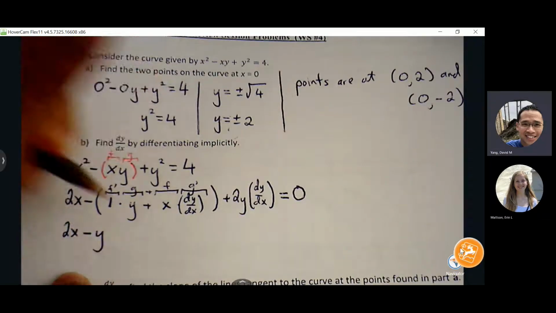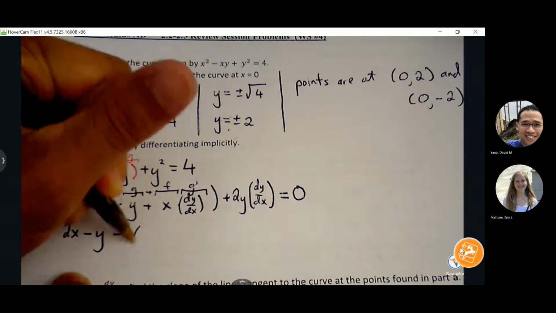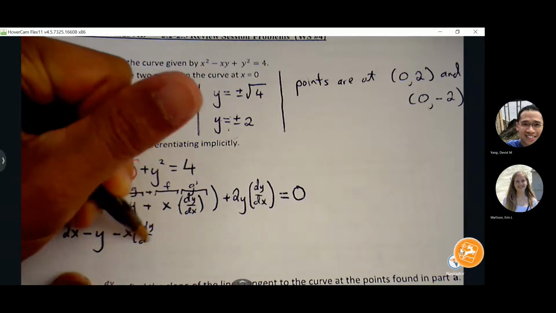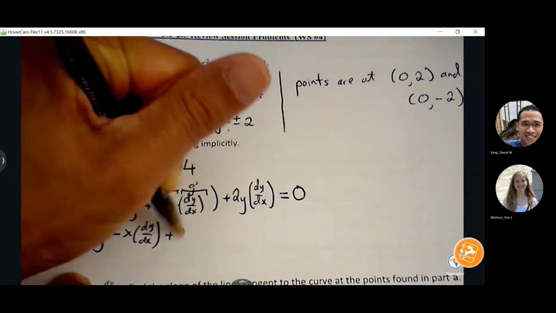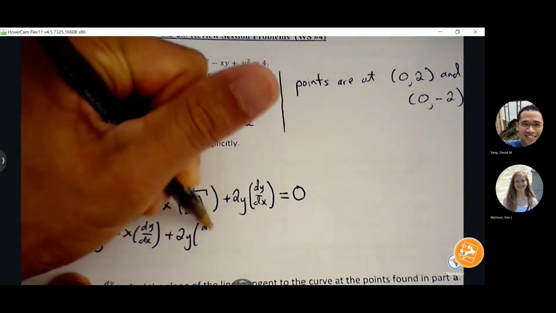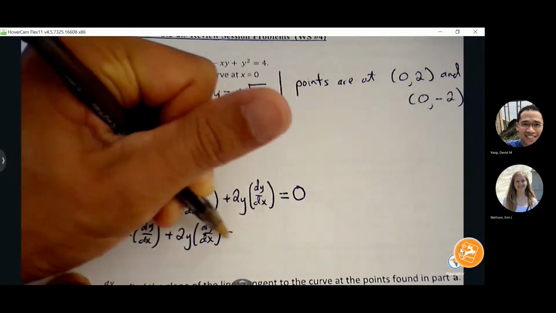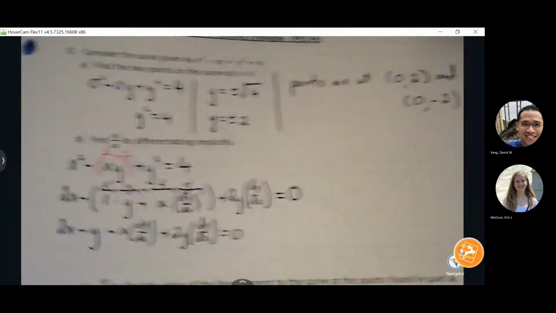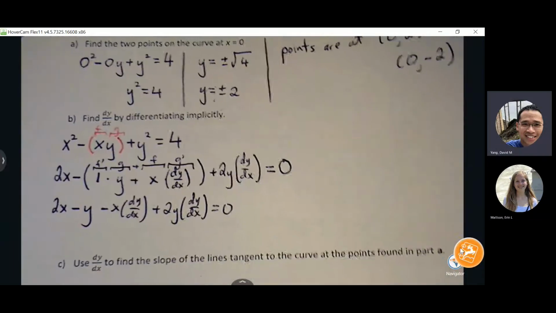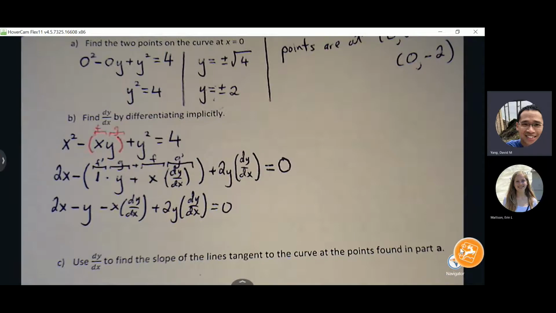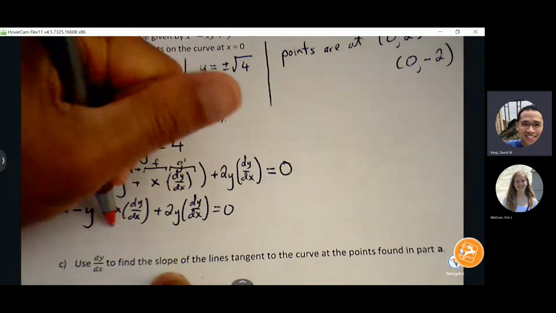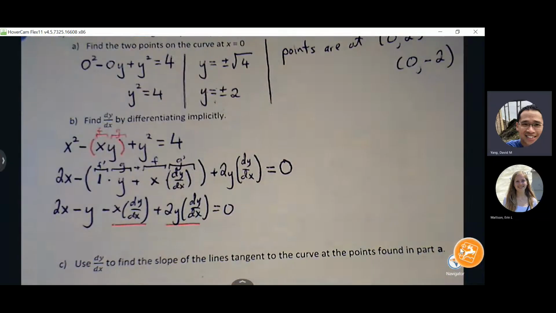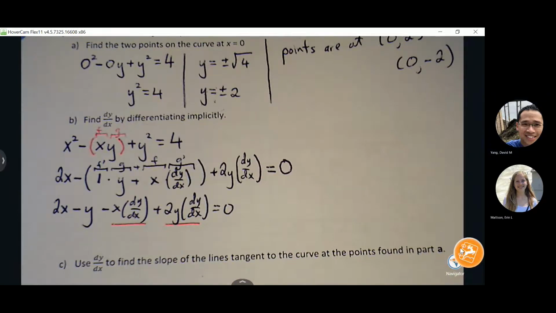Okay, distribute the negative through. Now it's just trying to add, subtract, multiply, divide, trying to get a way to get that dy dx by itself. I'm going to put the two dy dx terms together on the left side. Everything else, I'll move over to the right side.